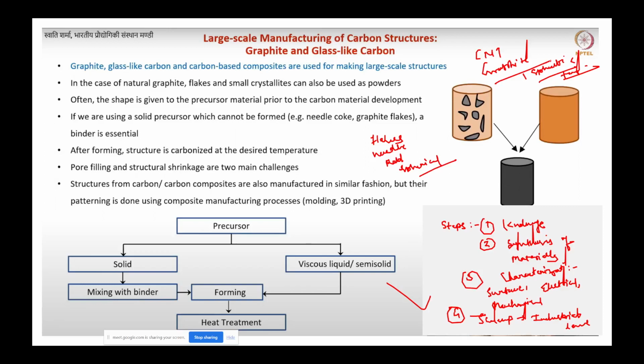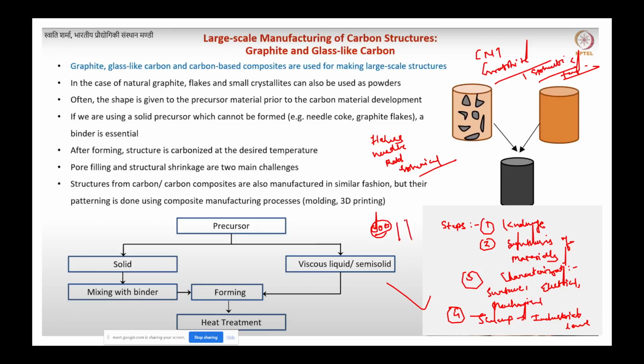Pore filling means, let's say, your material has some pores, or your material is kind of porous. And structural shrinkage: after this process, sometimes you will find your material has shrunk.